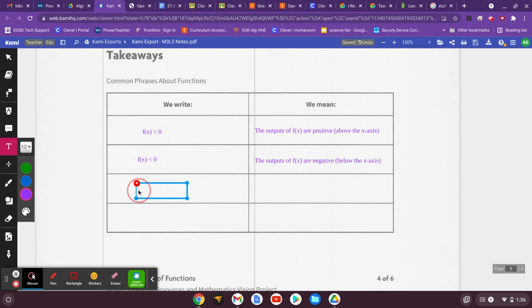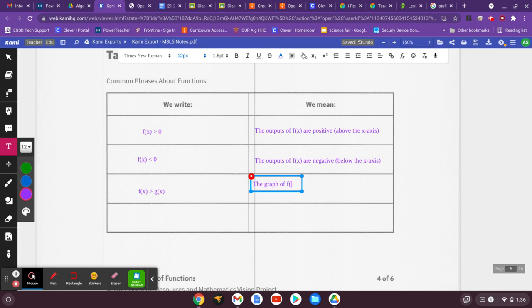Another thing we could write is f of x is greater than g of x. So what we mean is the graph of f of x is above the graph of g of x, which also means the outputs are greater in f of x.